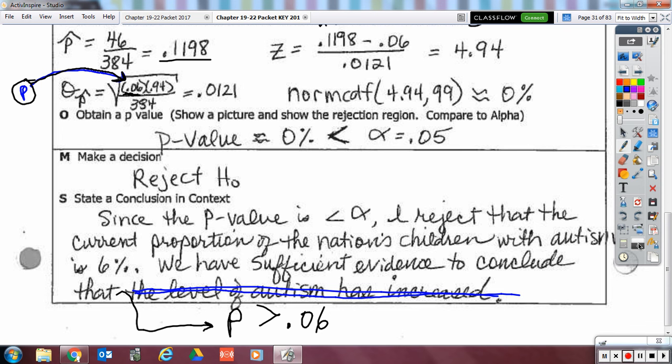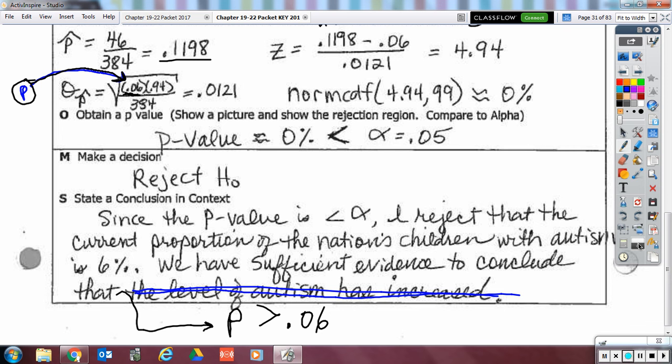I reject that the proportion of the nation's children with autism is 6%. And because I'm rejecting that, I have evidence to conclude that p is greater than 0.06. Okay, so there is the outline of how I do a conclusion.